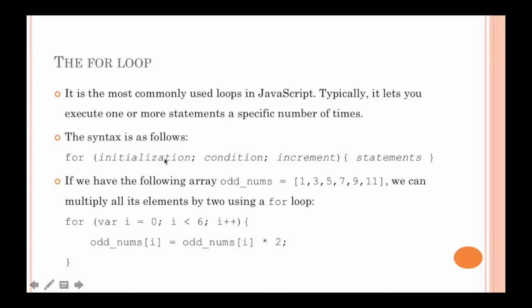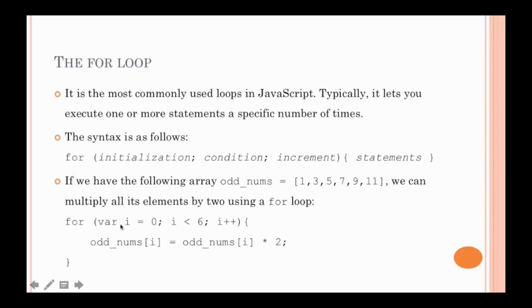So you type the initialization code followed by a semicolon, followed by the condition, followed by a semicolon, and the increment statement, followed by a curly brace and the statements that you want to execute that number of times, and you close the curly brace. The initialization is simply the variable that you are going to use in the loop, and it has to be initialized to some value before it is being used.